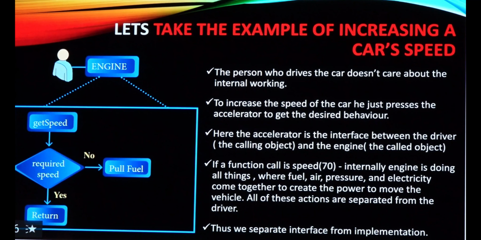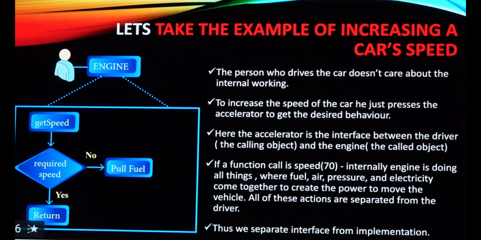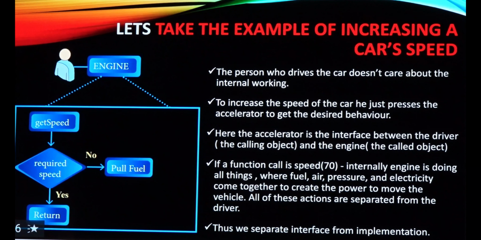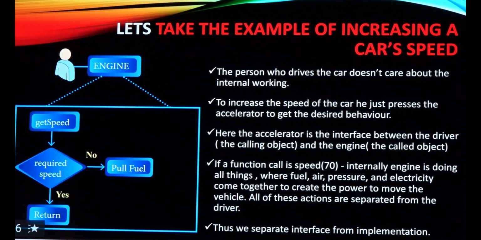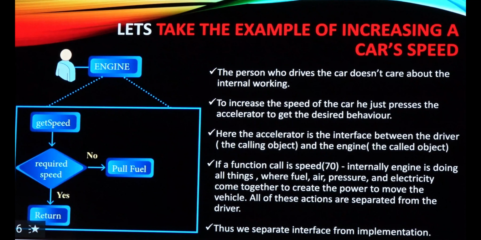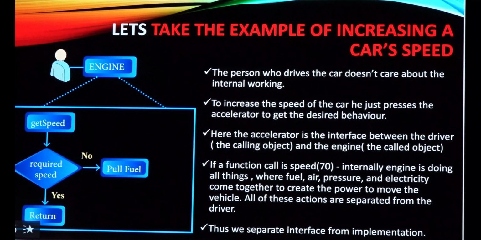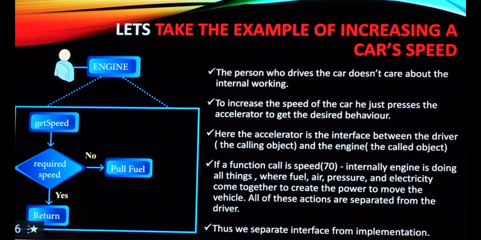To increase the speed of the car, he just presses the accelerator to get the desired behavior. Here, the accelerator is the interface between the driver, the calling object, and the engine, the called object.